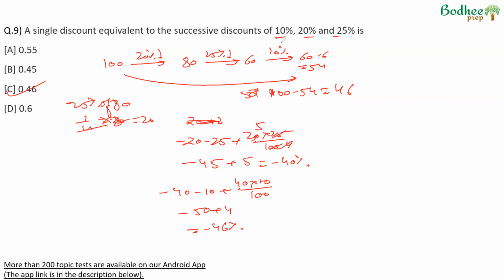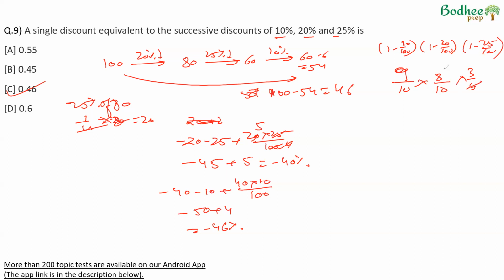Or we could have used the multiplying factor. Because of 10% discount, the multiplying factor will be 9 by 10. For 20%, it will be 8 by 10. For 25%, it will be 3 by 4. 1 minus 10 upon 100, 1 minus 20 upon 100, 1 minus 25 upon 100.